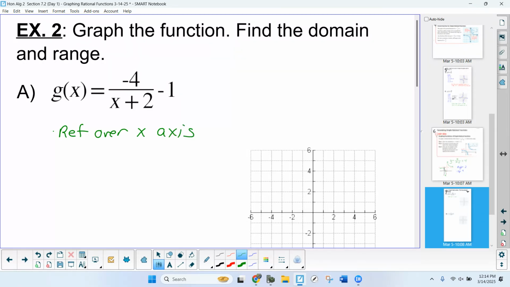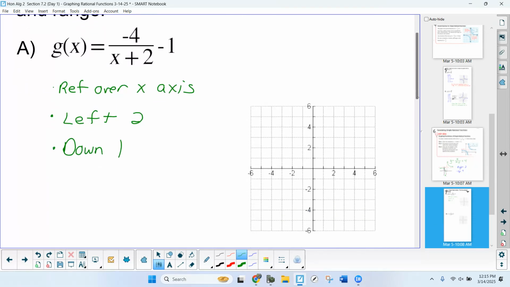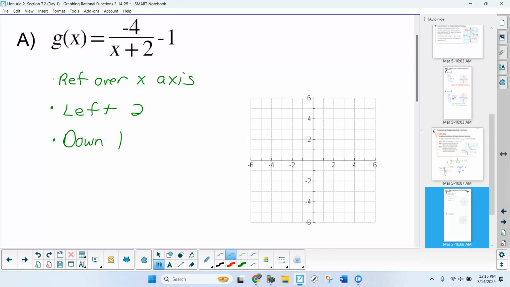Does that change my asymptotes? No. What is the plus 2 with the x going to make it do? Left 2, and then what? Down 1. So my asymptotes are going to go, I'm going to draw them in. Left 2, down 1.